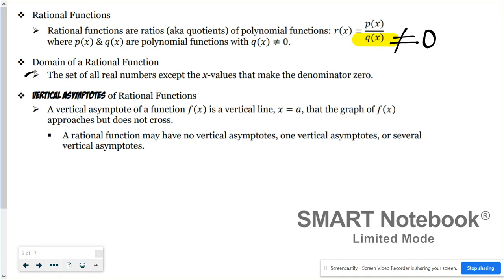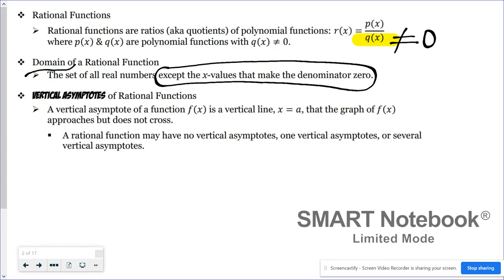So that brings us to the domain of a rational function. The domain of a rational function is the set of all real numbers except the x values that make the denominator 0. So that's something we have to think about when we're considering what the domain of a function is: what makes the denominator equal to 0.